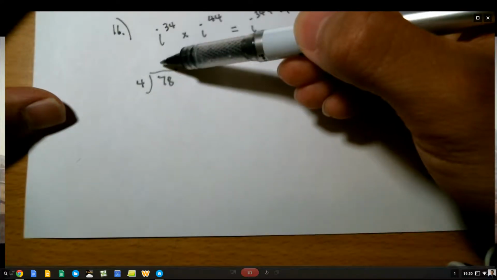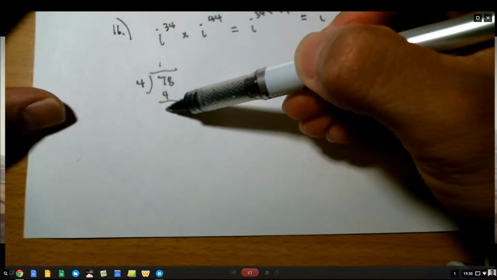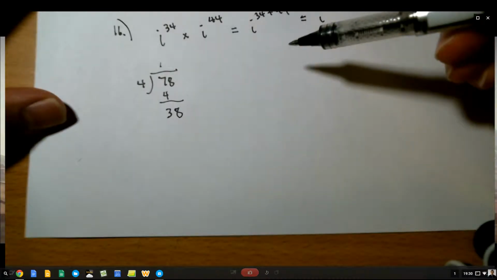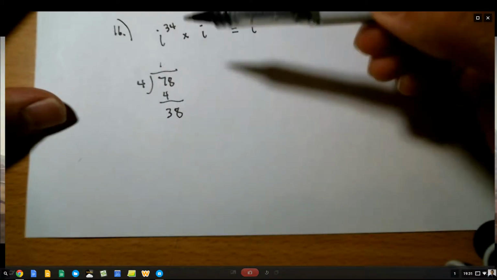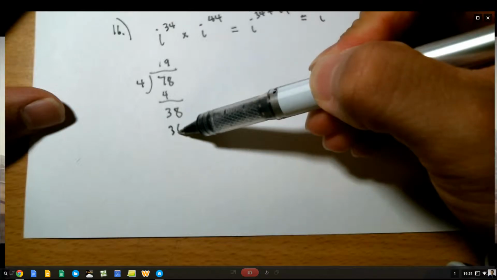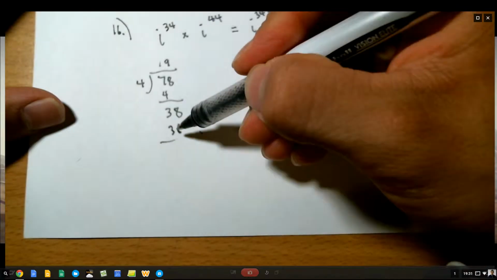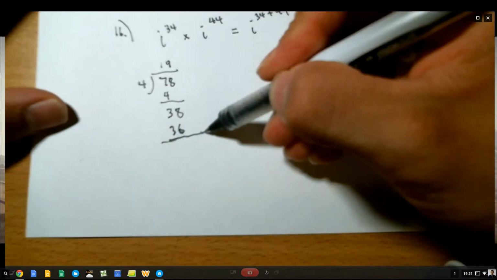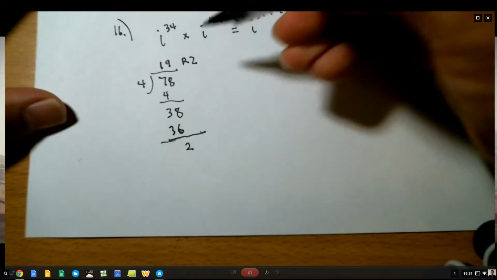So 4 times what gives you 7? 4 times 1, then 38. 4 times what gives you 38? 4 times 9 gives you 36. And remainder 2. So we have 19, remainder 2.